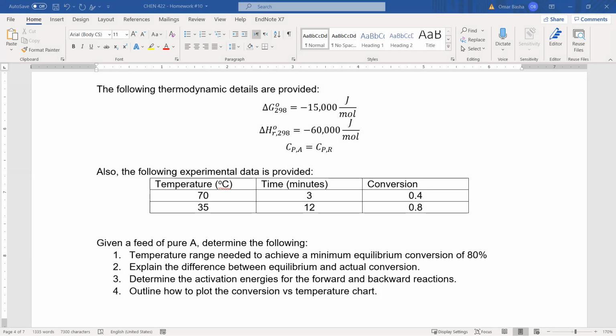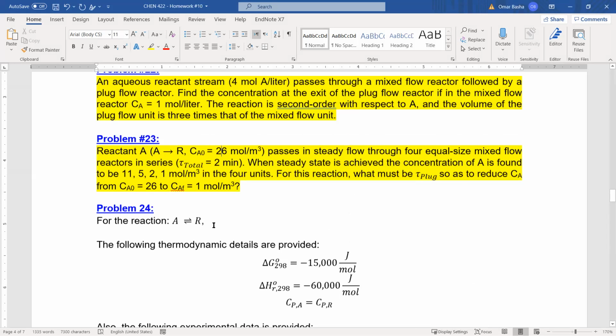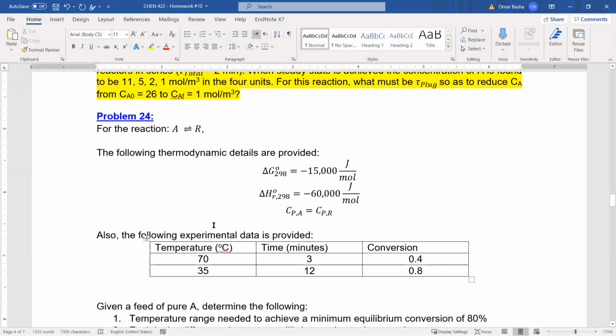And this showed up on your test anyways. For problem number 24, the reaction A to R, you're given some thermodynamic details that give the free energy and the enthalpy of reaction. You're told that CPA is equal to CPR, and you're given some experimental data for temperature, time, and conversion.